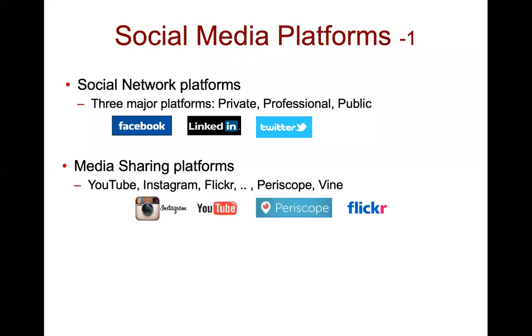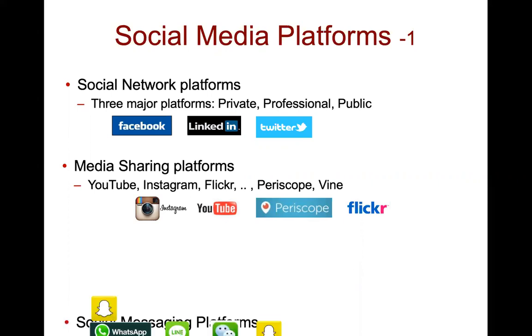We also have so-called media sharing platforms, and I think the one we don't have here in the list, and it definitely should be in, is TikTok. But except for that, we also have Instagram, YouTube, Periscope, Flickr, really big, large platforms that help you to share content.